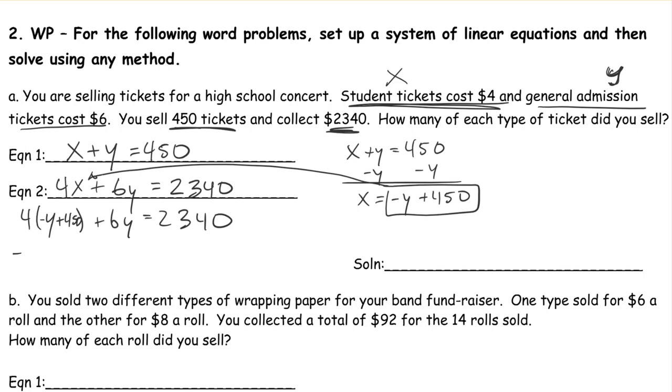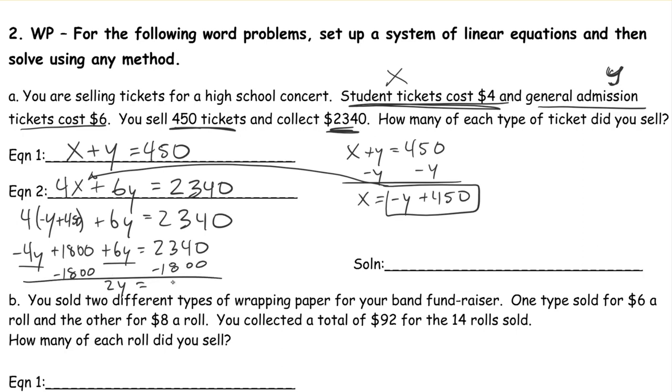4 times negative y makes negative 4y. 4 times 450 is 1800. Plus 6y equals 2340. So negative 4y and 6y are going to make 2y. Right? And we're going to subtract 1800 from both sides.